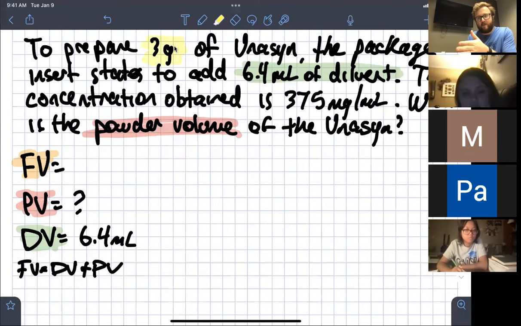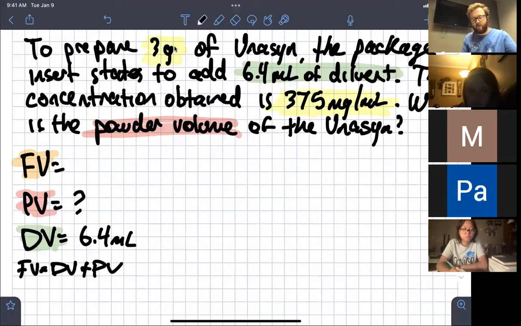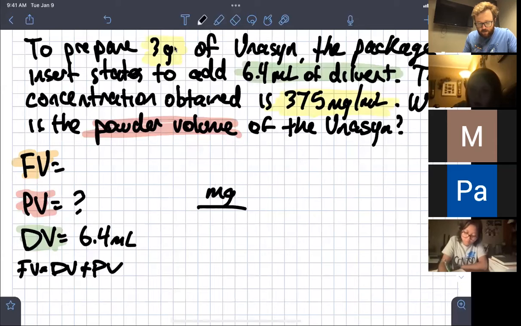Is there anything else in that problem that tells me anything about the drug? Right? 375 milligrams per mil. So milligrams per mil, if you remember that anytime you see this slash, you read that as per mil. If you see that, you know it's going to be milligrams over milliliters.